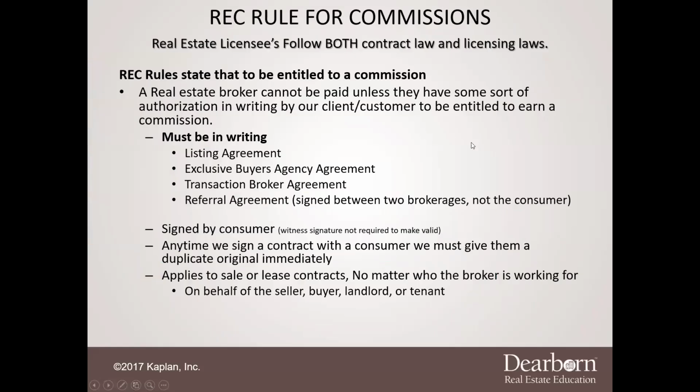So the real estate commission rules: as real estate licensees, we follow both the general contract law of the state and also licensing laws. The real estate commission rules state that for us to be entitled to a commission, a real estate broker cannot be paid unless they have some sort of authorization in writing by our clients or customers.